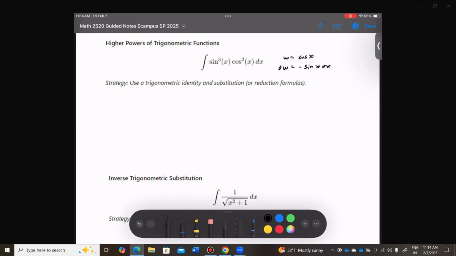Now we're going to hold back one sine of x, but the other sine squared x we're going to turn into 1 minus cosine squared x. Remember, sine squared plus cosine squared is 1. Then we're going to have a sine x and a cosine squared x dx.